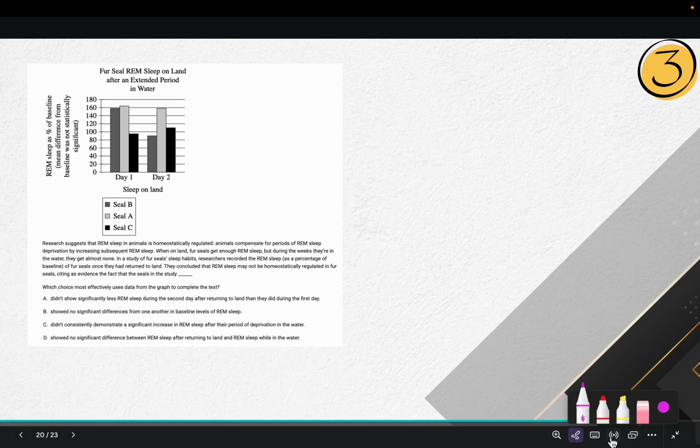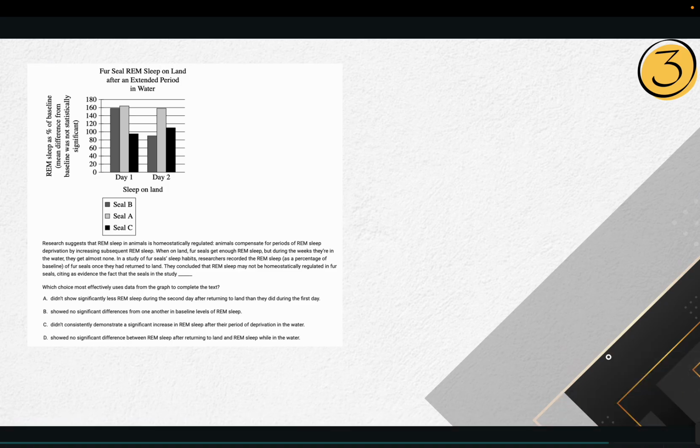As I said, this is one of the hardest questions. They concluded that REM may not be homeostatically regulated in fur seals, citing as evidence the fact that the seals in the study.